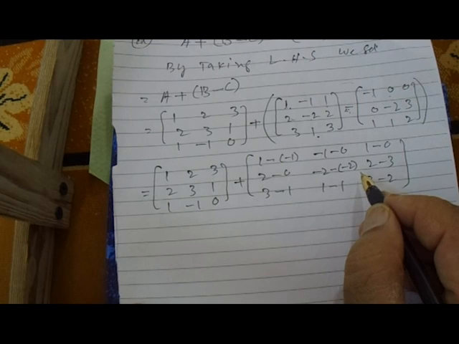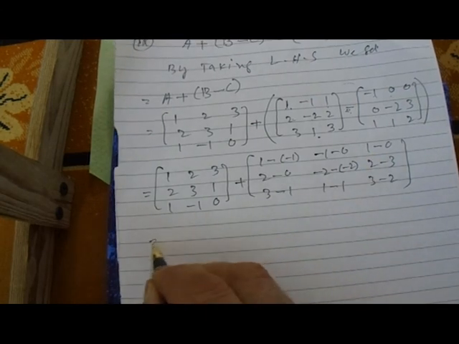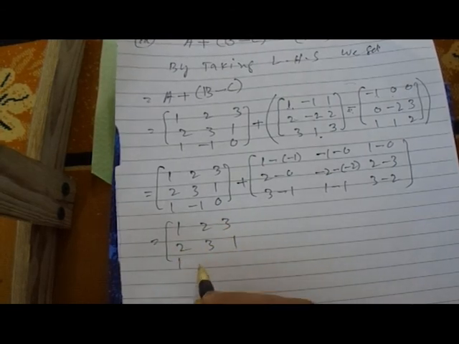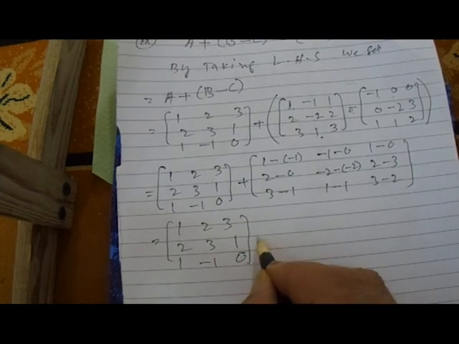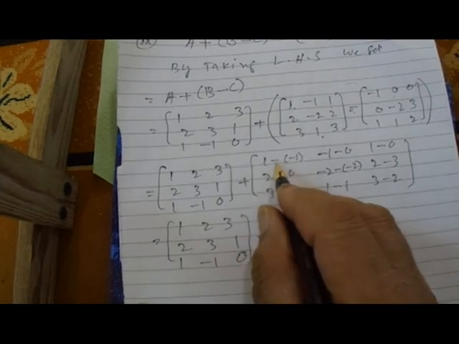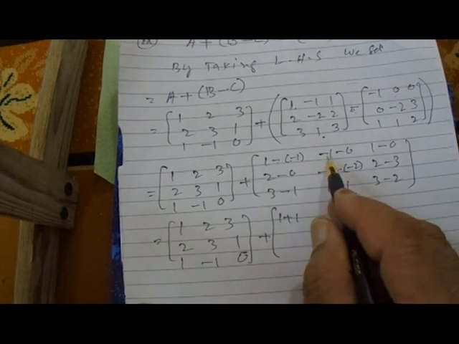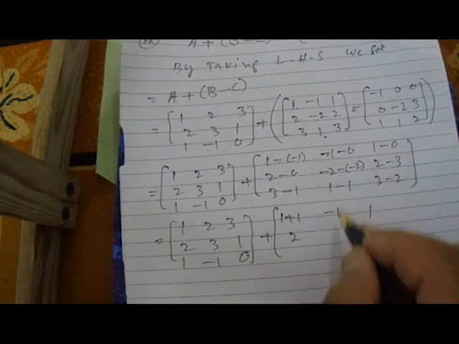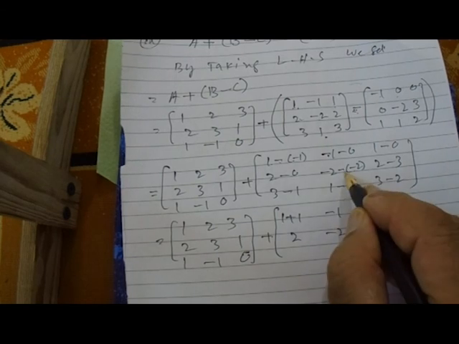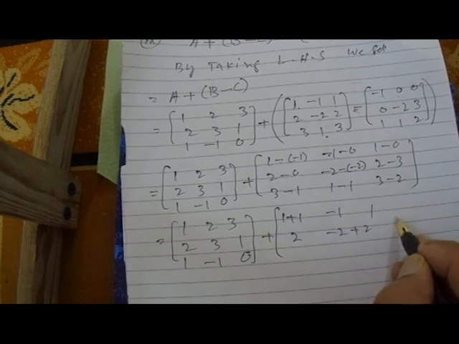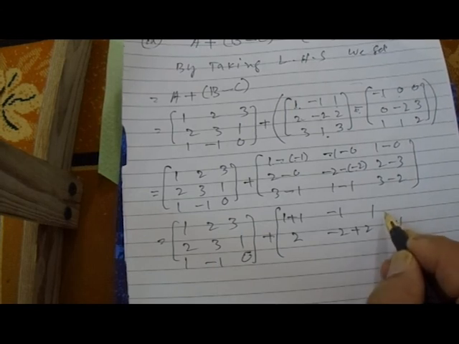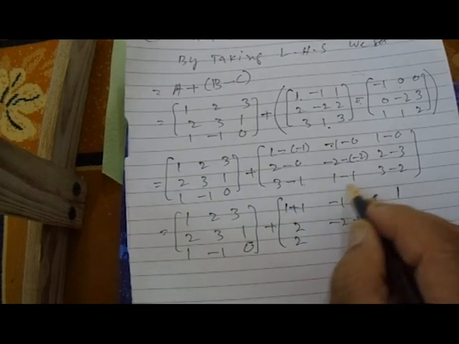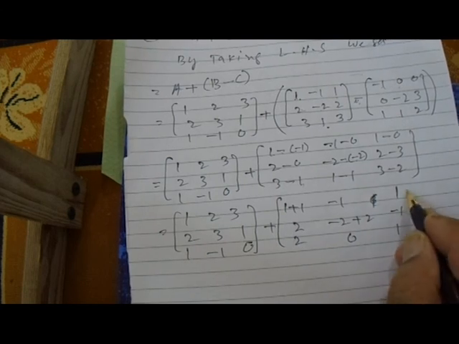Now this is equal to 1 2 3 2 3 1 and 1 minus 1 0, our A matrix, plus 1 plus 1, 2 minus 0, 2, and minus 2 plus 2, 2 minus 3 minus 1, and 3 minus 1, 2 minus 1 1 0 and 3 minus 2 1. Now this is our solution.